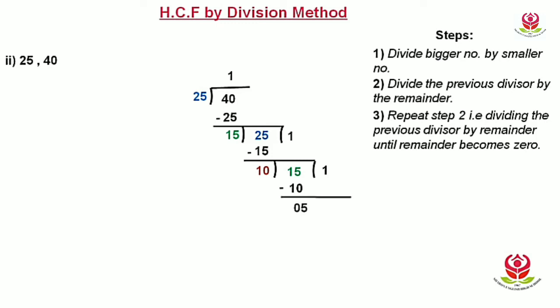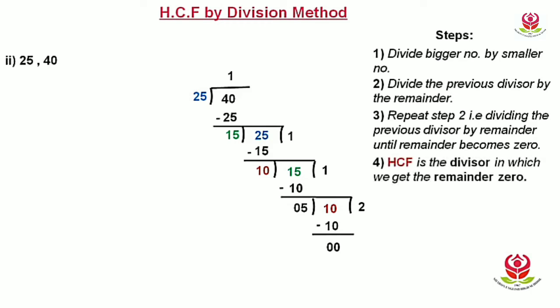Now the previous divisor is 10, so we will be dividing 10 by 5. So remainder is 0. Now as you have seen in the previous example, HCF is the divisor in which we get the remainder 0. Now if you clearly see, 5 is the divisor over here in which we get the remainder 0. So the HCF of 25 and 40 is 5.